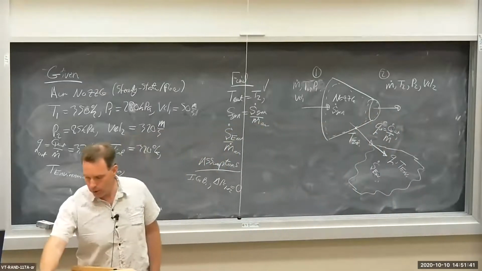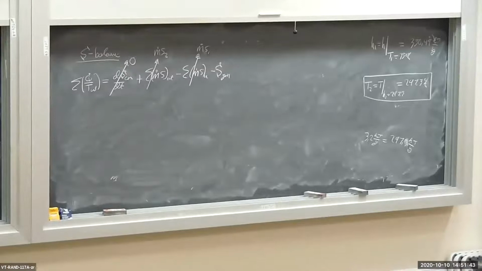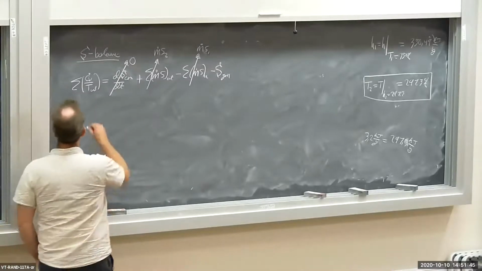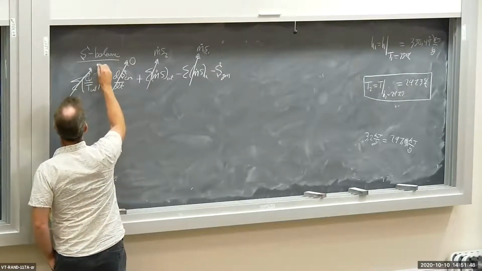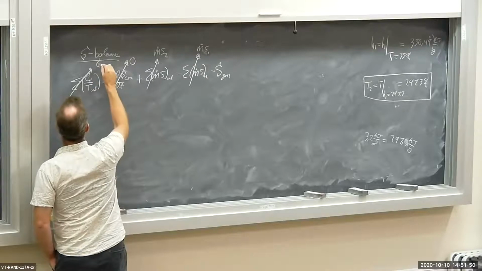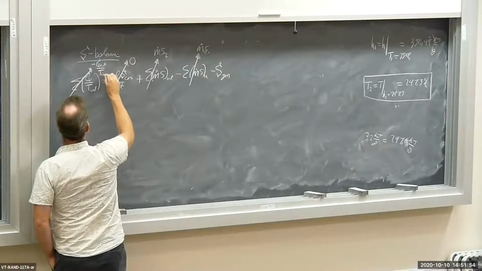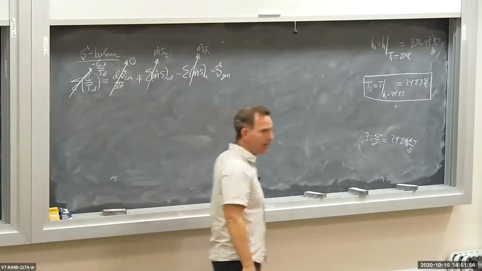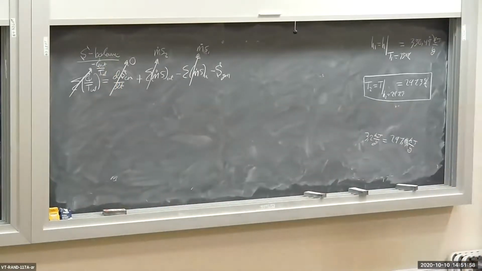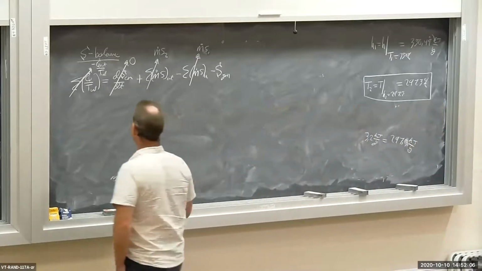So this summation goes away, and I have a single heat interaction: negative Q dot out over T interaction. It's an outflow of entropy due to a heat interaction. Okay? So let's solve for S dot gen.